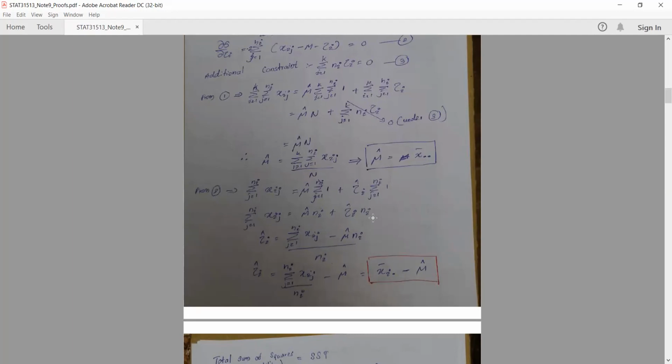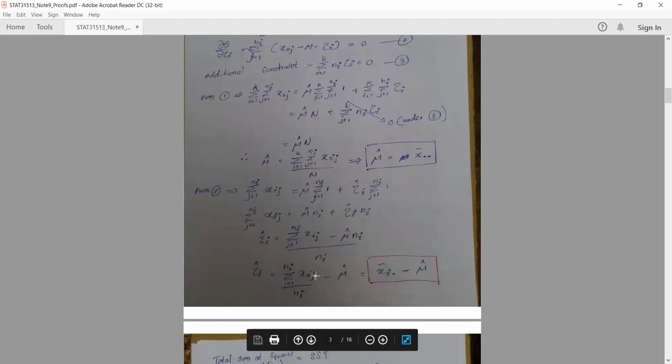So in this case, if you write down an expression for tau I hat, you can keep tau I here, and bring the mu hat ni term to your left hand side. So you have summation j goes from 1 to ni, xij minus mu hat ni. When you divide mu hat ni by ni, you get mu hat. And for the first term, you have xij, where j goes from 1 to ni, divided by ni.